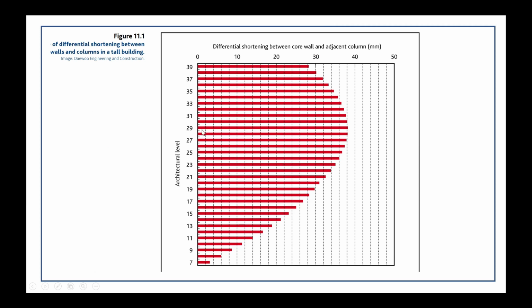now let's compare the shortening of the core wall and adjacent columns in millimeters.